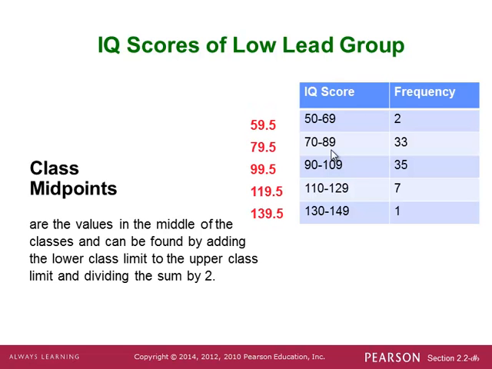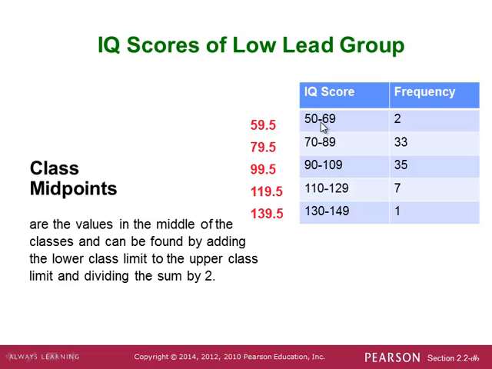Now the class midpoints will be basically the average of the lower and upper class bounds. So if you take the average of 50 and 69, you get 59.5. All you need to do is add up the upper and the lower, and divide by 2.